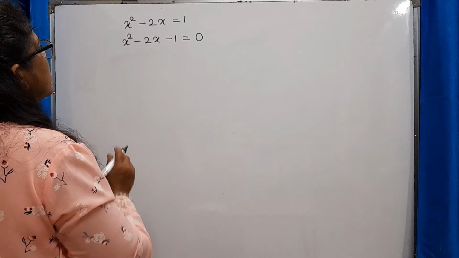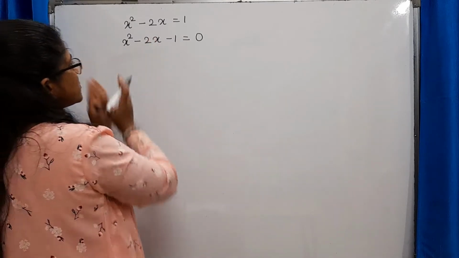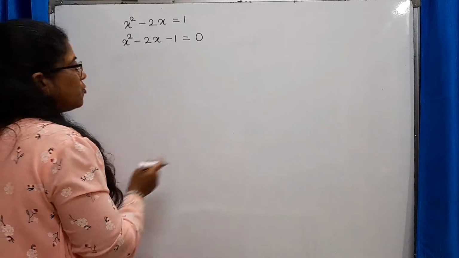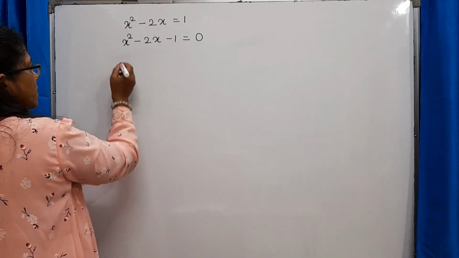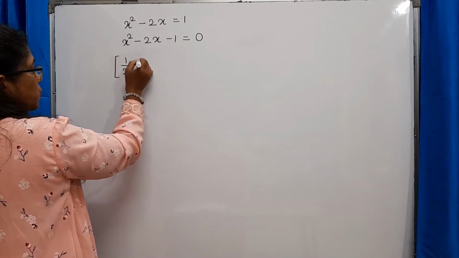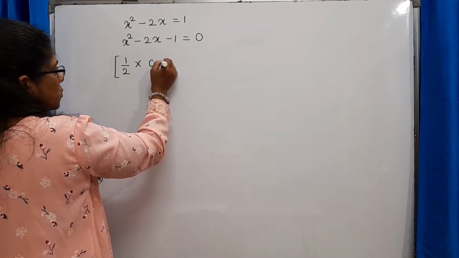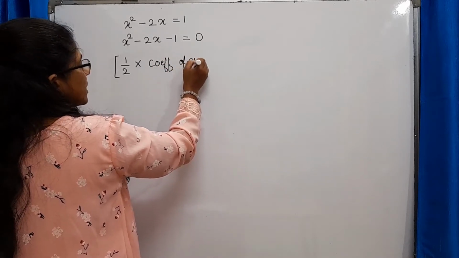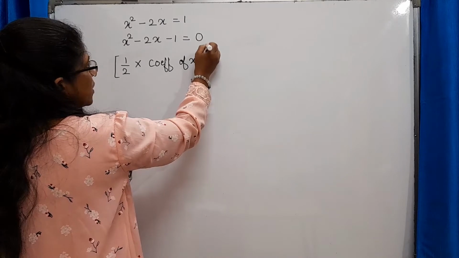Next point. Now here, how to make this LHS a perfect square? So one step we have to follow is to find half into the coefficient of x, and the square of that.